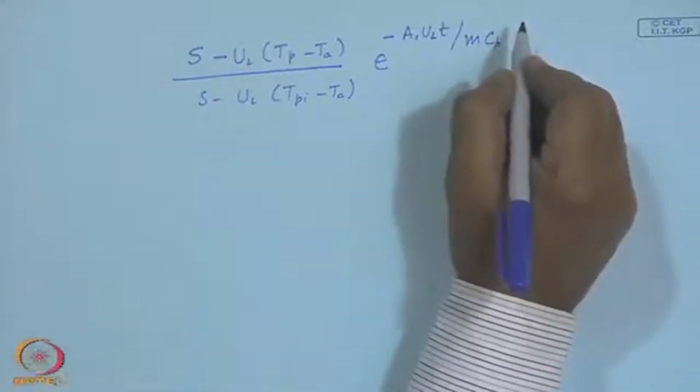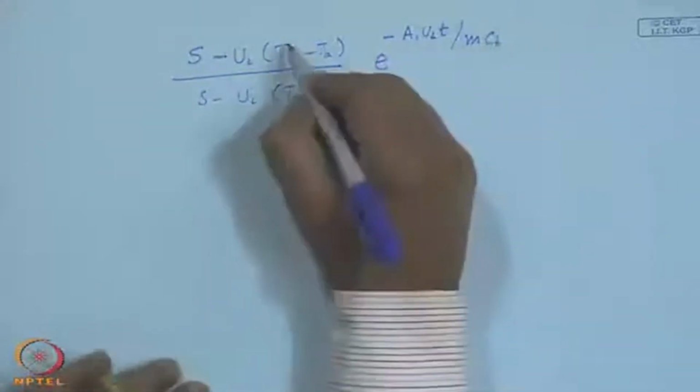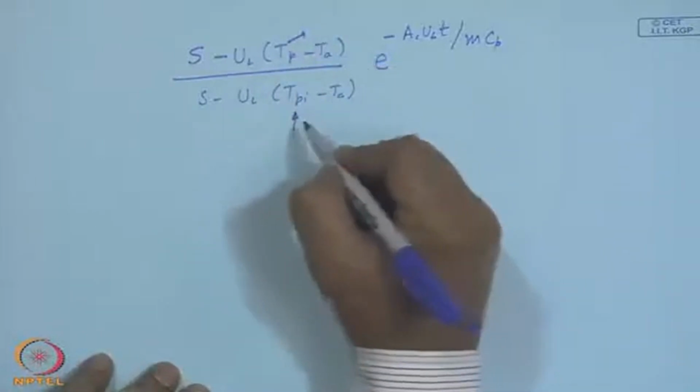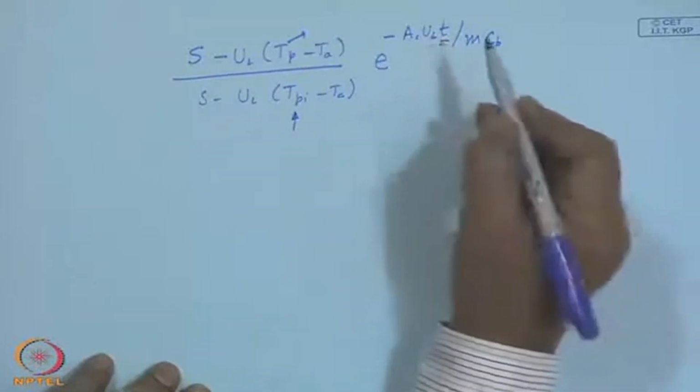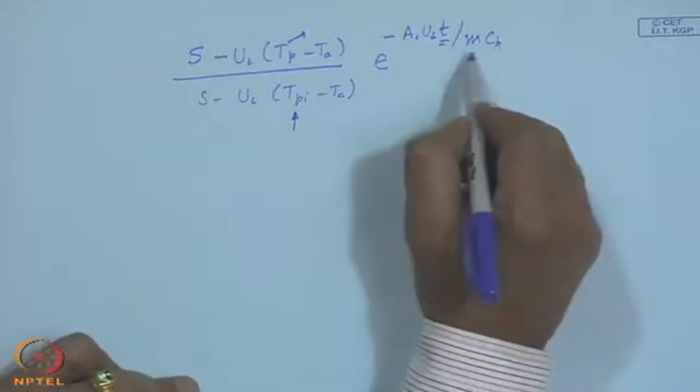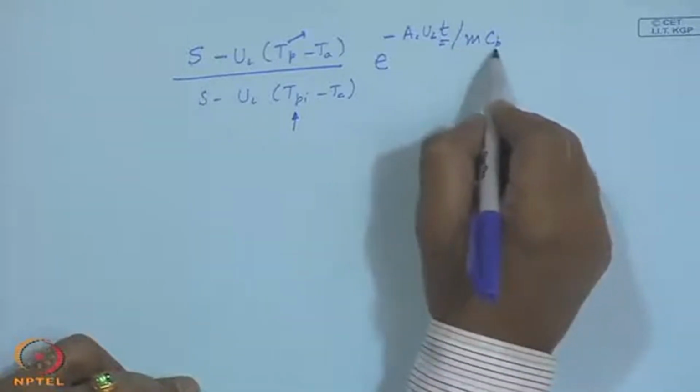So, this is how the temperature of the plate T_p from an initial temperature T_pi changes with the time t if the overall loss coefficient of the collector is U_L and the mass is m and C_p is the specific heat.